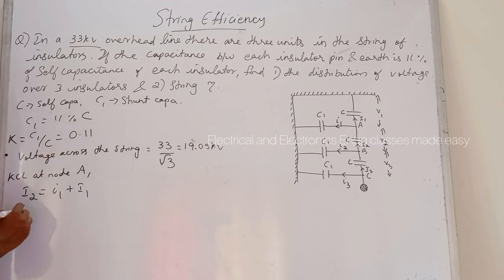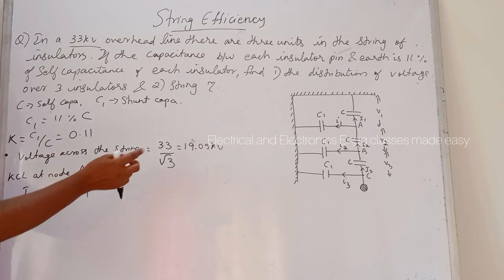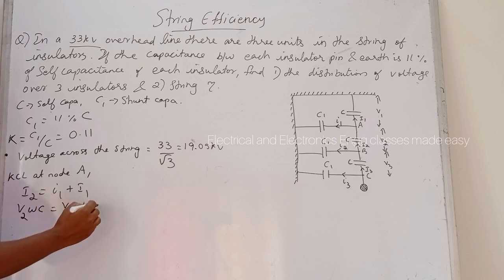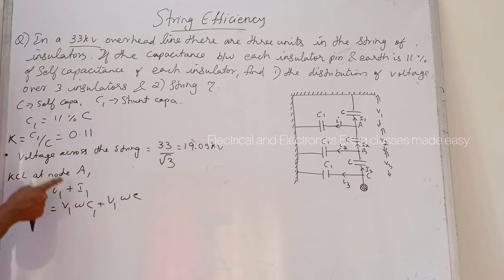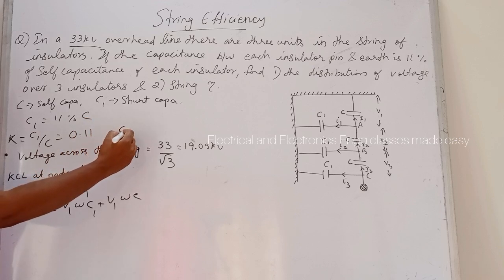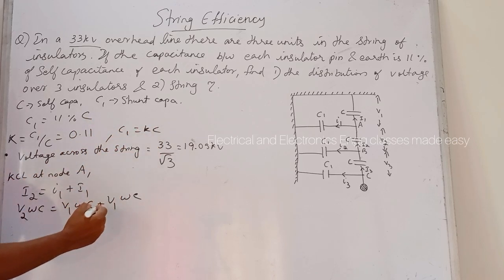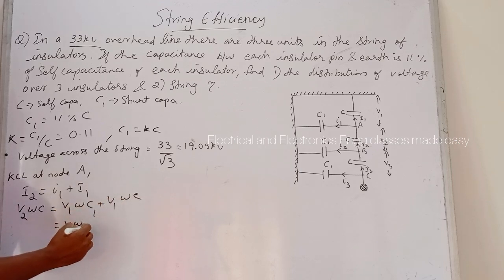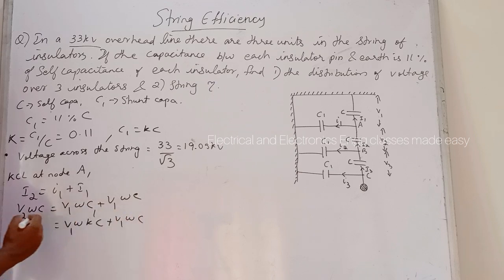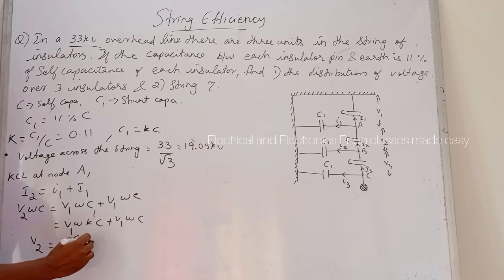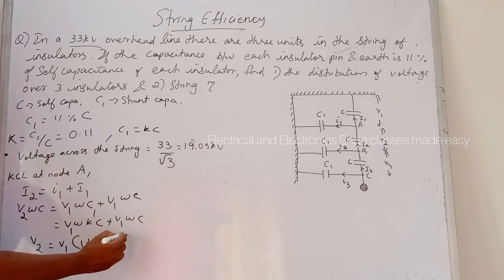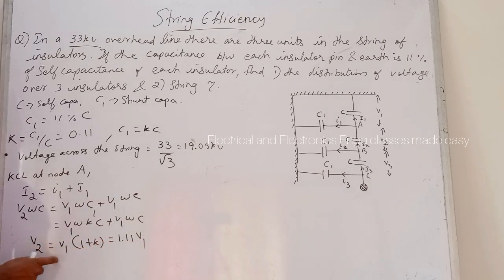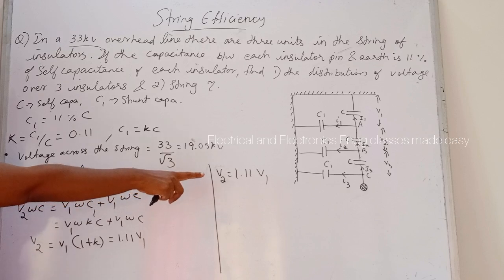I2 is equal to V2 omega C, and that is equal to i1, which is V1 omega C1, plus capital I1, which is V1 omega C. And here C1 is equal to K into C. So we get V1 omega KC plus V1 omega C. After cancelling omega C, we get V2 is equal to V1 into (1 plus K), and K is 0.11, so V2 is equal to 1.11 V1.